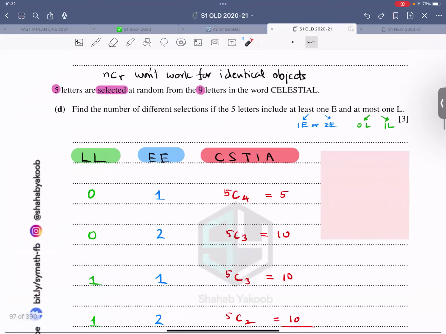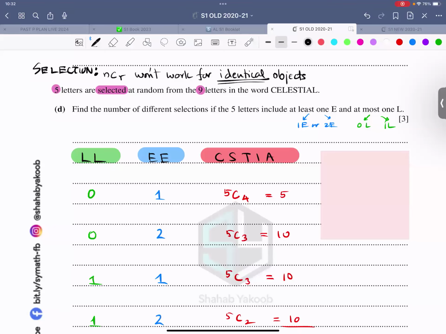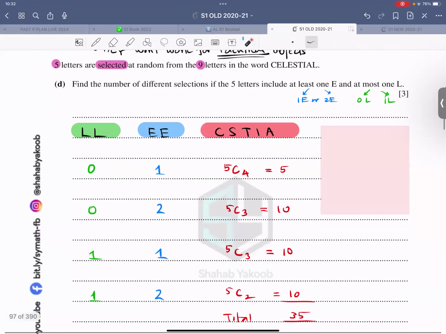Now, this is the most important one. Whenever we are talking about identical alphabets and we are talking about selection, so when we use the word selection, NCR won't work for identical objects. What do I mean by that? Let's say I have 2 L's, 2 E's, and CSTIA.